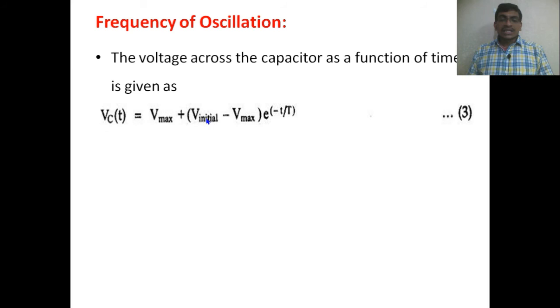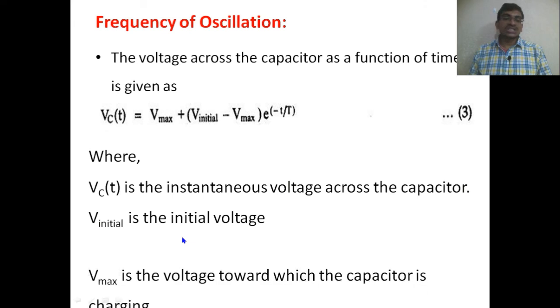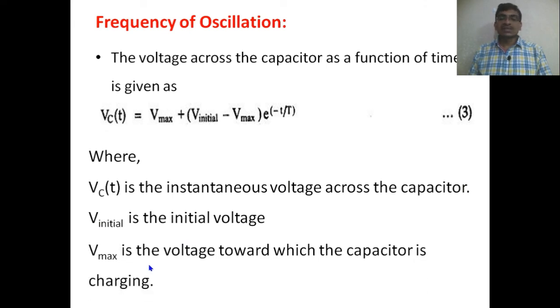Vc of t is the instantaneous voltage across the capacitor, which means the charging voltage of the capacitor, V initial is the initial voltage from where the capacitor is getting charged, and Vmax is the voltage towards which the capacitor is charging, up to which the capacitor is going to be charged. Not charged, going to be charged, is called the V maximum level.